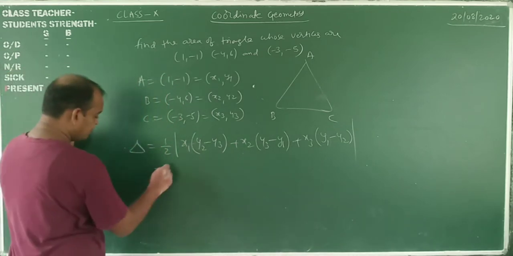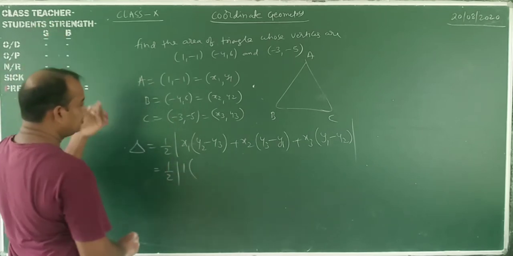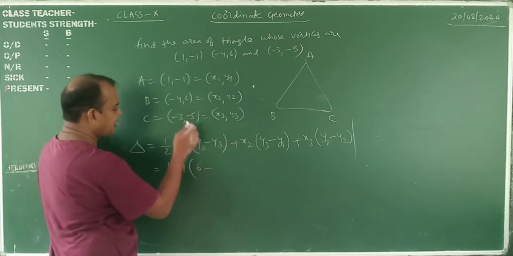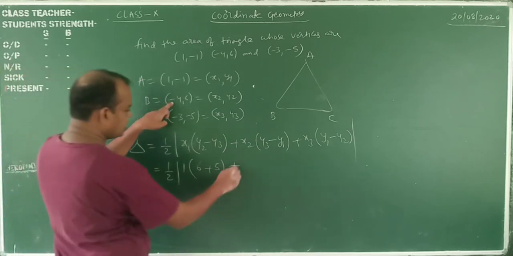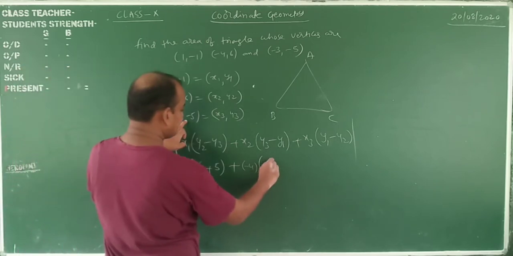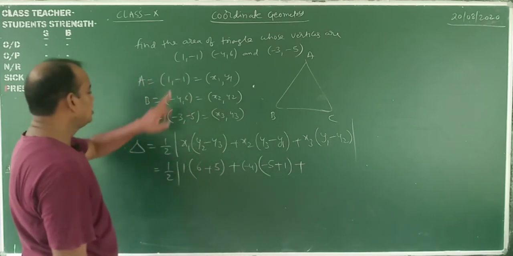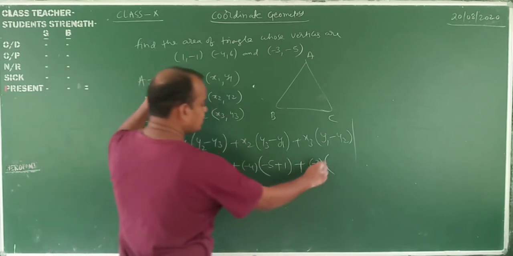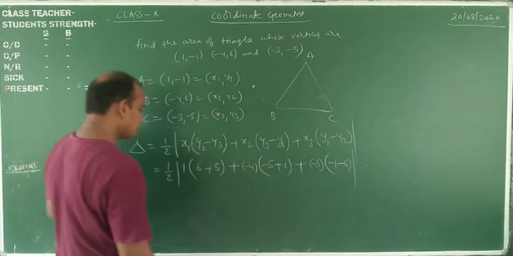Now substitute: half into x1 is 1, y2 is 6 minus y3 value minus 5, means already minus is there, plus 5, plus x2 value is minus 4 into y3 means minus 5 minus y1 means already minus 1, means plus 1, plus x3 means minus 3 into y1 means minus 1 minus y2 means minus 6, under modulus.